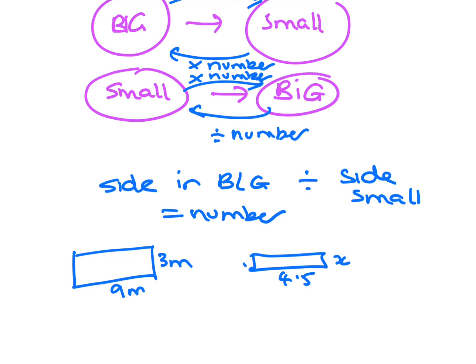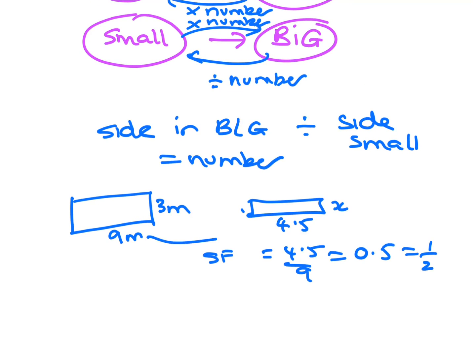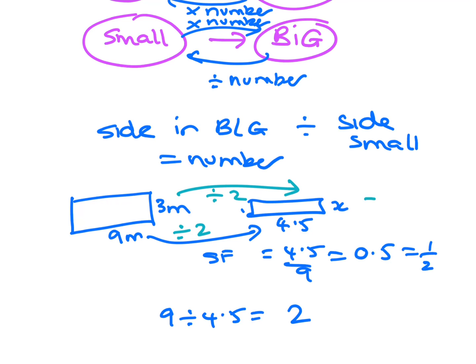Okay, so if you look at this, the scale factor is actually 4.5 on 9, which is 0.5 or a half, because it's half its size. But if you went from 9 to 4.5, if you did 9 divided by 4.5, you got 2. So big to small, you are actually dividing by 2. So 3 to x, if you divide by 2, you get 1.5.